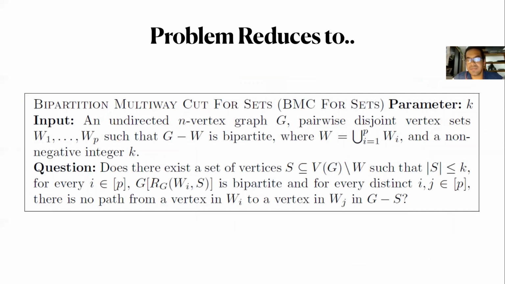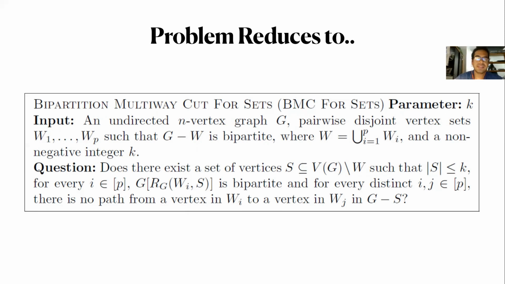So the problem reduces to bipartition multiway cut for sets, which is defined as follows. We have an input, which is an n vertex graph, and a pair of disjoint vertex sets W1 to Wp, such that G minus W is bipartite, where W is the union of the terminal sets. And then we have a non-negative integer k, which is the parameter.